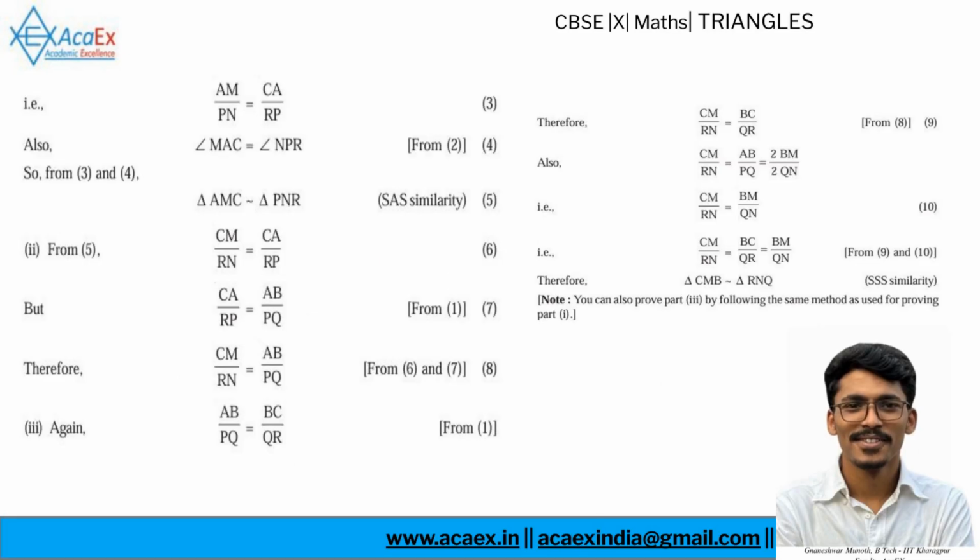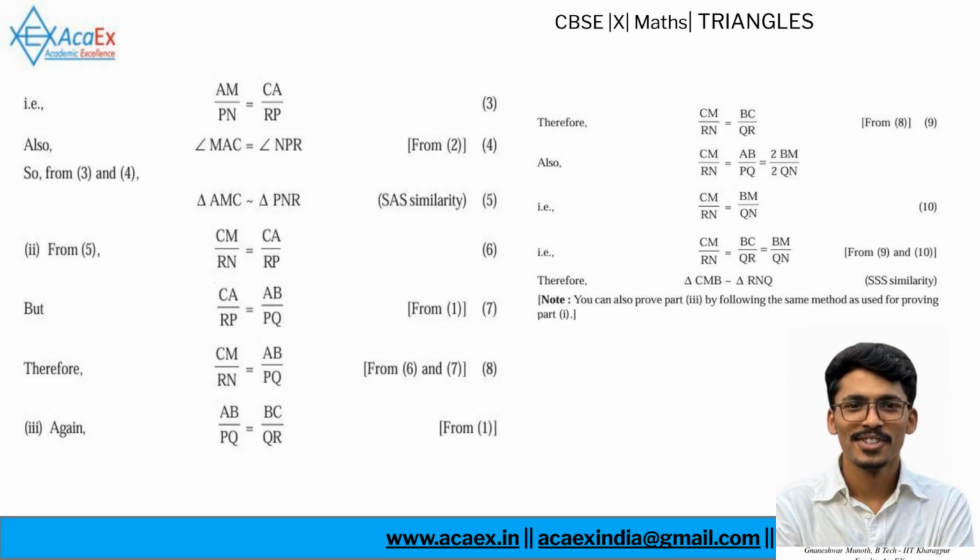Example 8, continued. Part II. Prove that the ratio CM/RN equals the ratio AB/PQ. From the similarity of triangles AMC and PNR, proven in Part I, we know that CM/RN equals CA/RP. Since the original triangles ABC and PQR are similar, we also know that CA/RP equals AB/PQ.